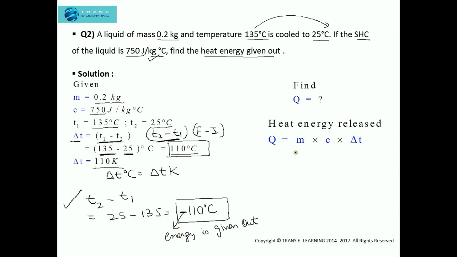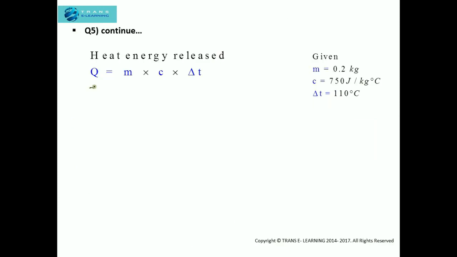For this, we will be using the formula: heat energy released is equal to mass times specific heat capacity times change in temperature. As each and every value is given, we just need to substitute the values in this formula. In this case, I will take degrees Celsius because the unit of specific heat capacity also has degrees Celsius.